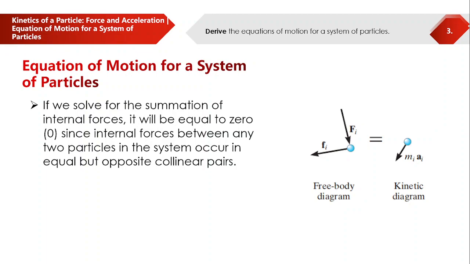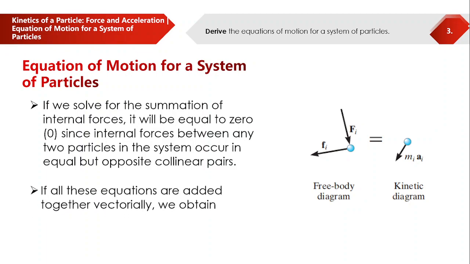Basically, walang internal force sa whole system lang ha. So whole system. Kasi nga, same lang yung magnitude na in-exert ng mga particles, but opposite. So, if we find the summation, negative 100 Newtons plus 100 Newtons, that will be equal to 0. Okay.